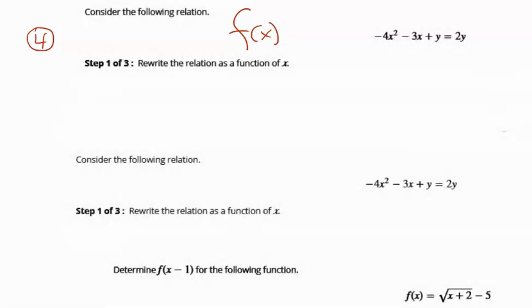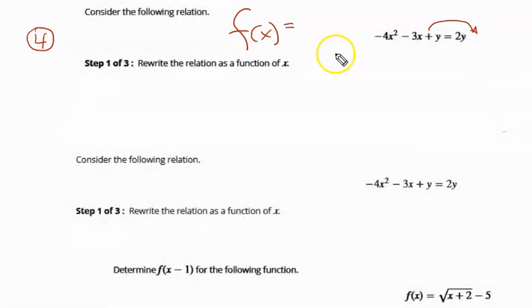Now for number 4, they're asking us to put this in function notation. So here we see it. We want, in a sense, to solve for the letter y. Well, this y would come over to this side as a -1y.